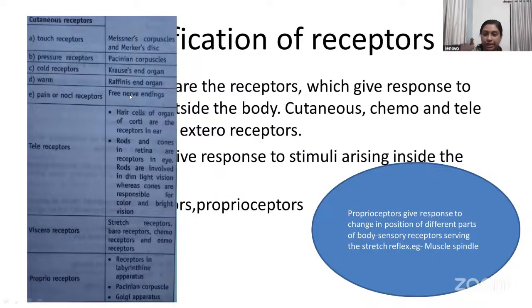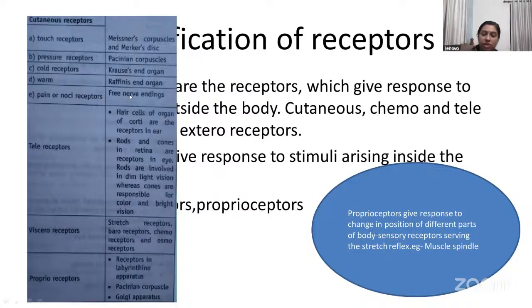Also, daylight vision is associated with the cone cells of the retina. Visceroreceptors are basically stretch receptors, baroreceptors, chemoreceptors, and osmoreceptors. Proprioceptors are basically receptors in the labyrinthine apparatus, Pacinian corpuscles, and Golgi tendon organs in the muscle.